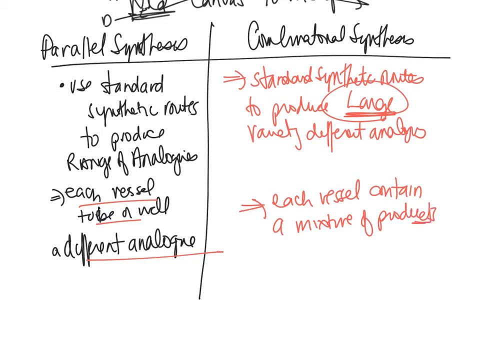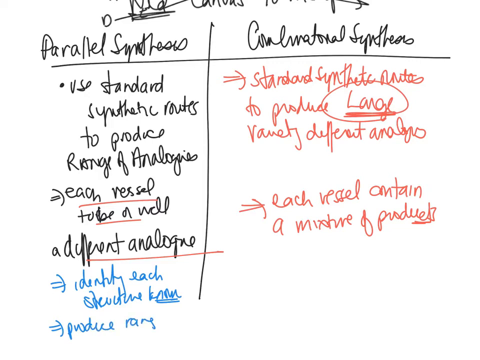Now, a lot of times with parallel synthesis, the identity of each structure is known, and it will produce a range of analogs for SAR, structure activity, and drug optimization.